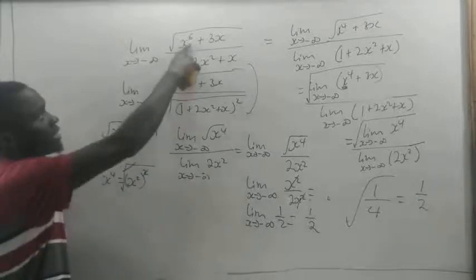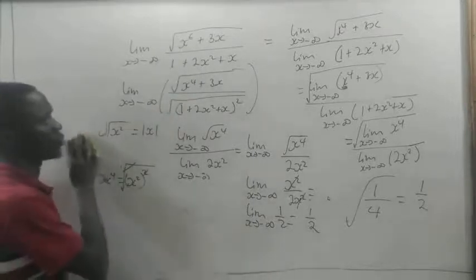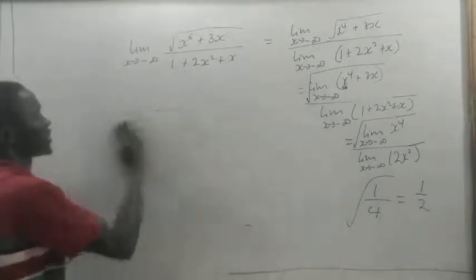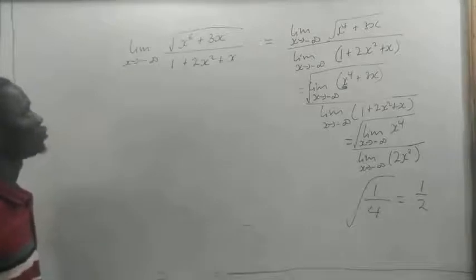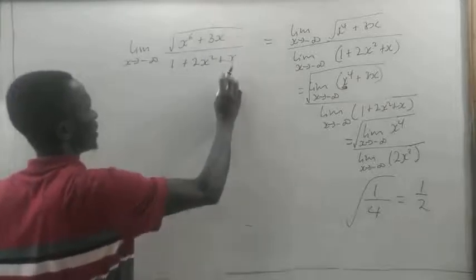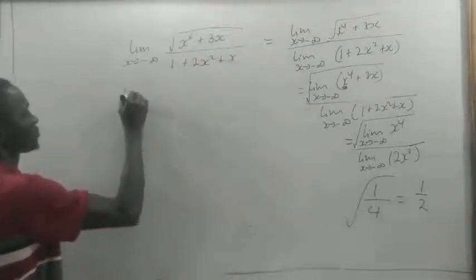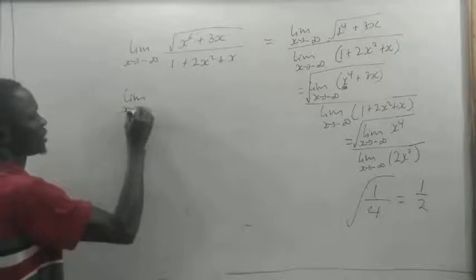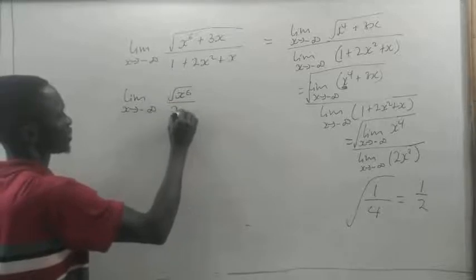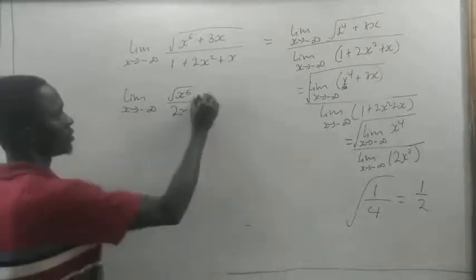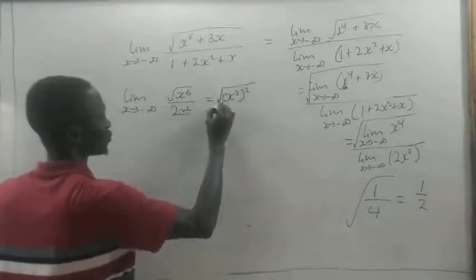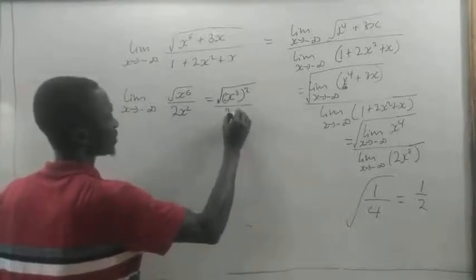If we assume that here is x to the power 6, let's see that one fast and go. If we take that place to be x to the power 6, then what will happen? So what we do is that we will just ignore this term and we ignore this and that. So we take the limit as x approaches negative infinity, square root of x to the power 6 divided by 2x squared. And what will happen? This is the same as x to the power 3 squared under the square root, and this is 2x squared.